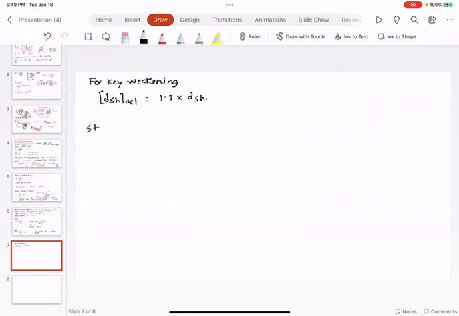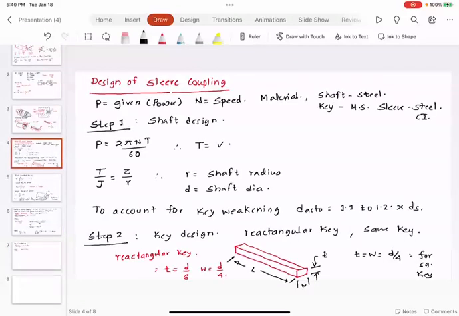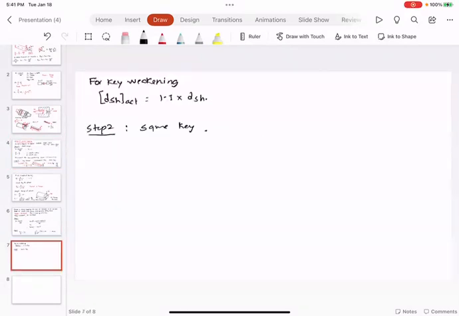Step 2, I'm going to use the square key. For a square key, T is equal to W is equal to D by 2. So T is equal to W is equal to D shaft actual divided by 4.